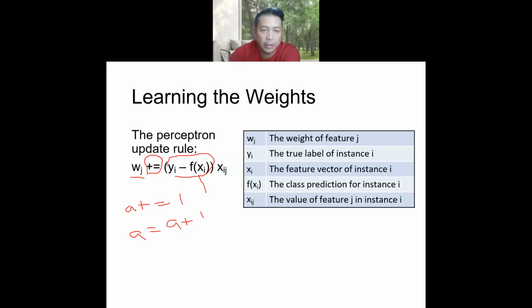This is the predicted value, and this is the actual value. If they are the same, that means the whole thing will be 0. If they are the same, don't do anything, because the change will be none, 0.